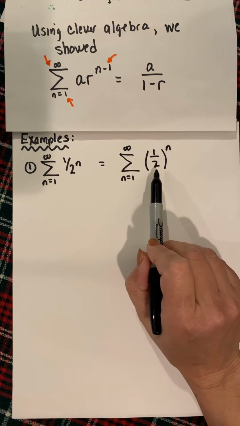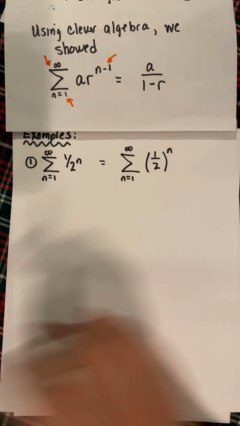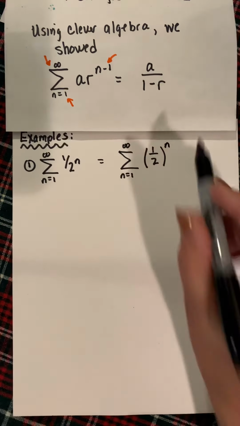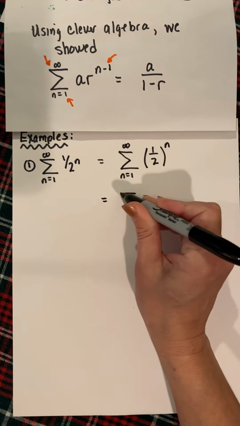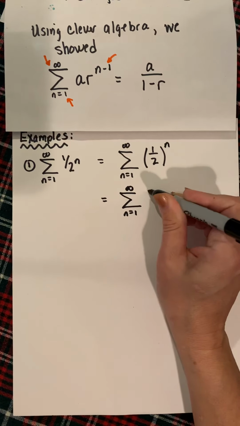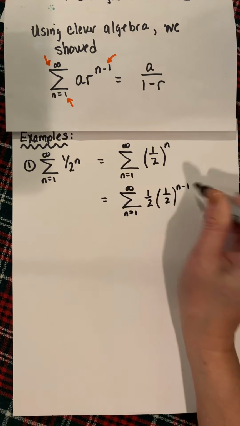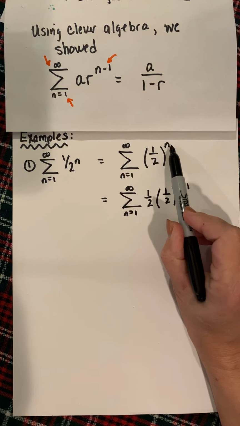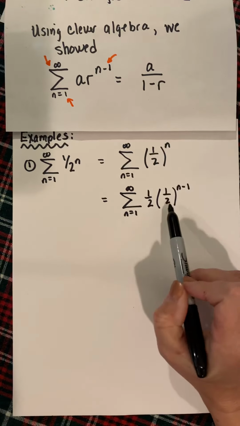Now we can see that our common ratio is 1/2, but we need an n minus 1 here. But notice, algebraically, this is equivalent. To drop this power by 1, I just pull one of the 1/2s out. This is going to be 1/2 times 1/2 to the n minus 1. If we start here with n and we need to reduce the power by 1, we just pull 1 out.